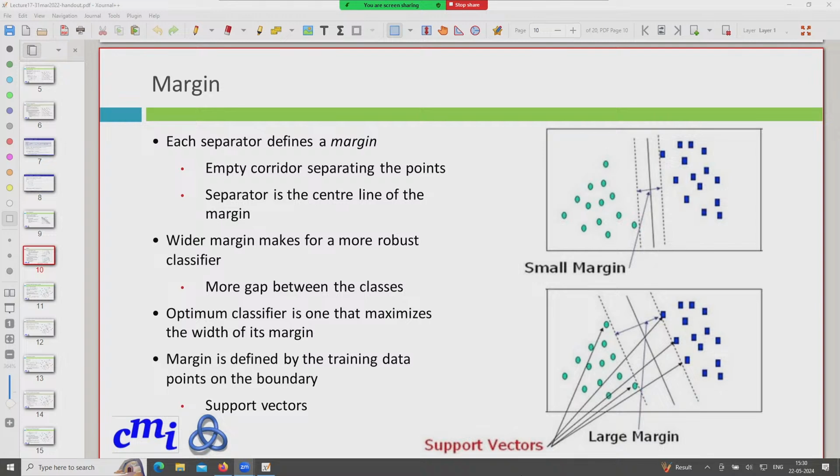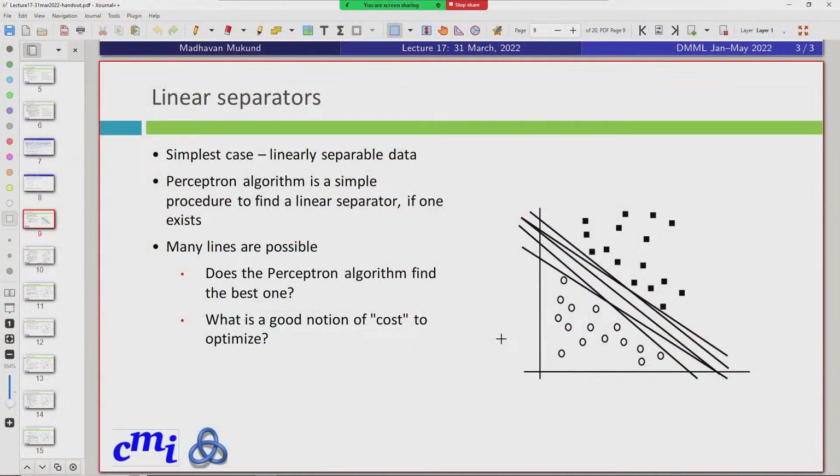Okay, so let us start. So yesterday we saw this perceptron algorithm, right? Essentially you are in this setting where your data was in two types, positive and negative data points.